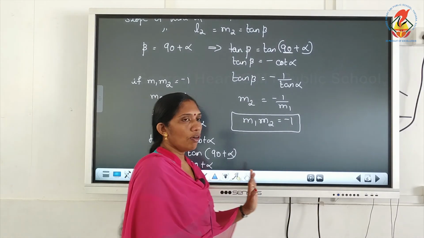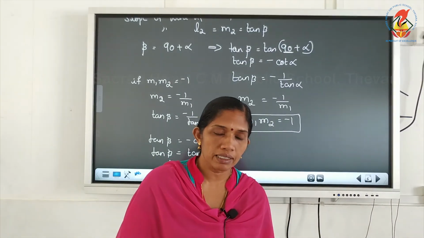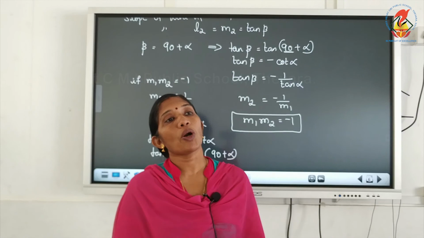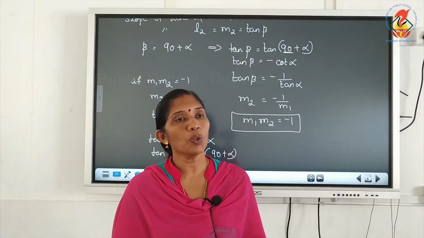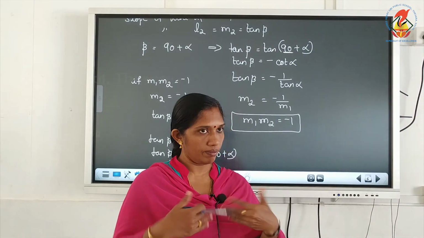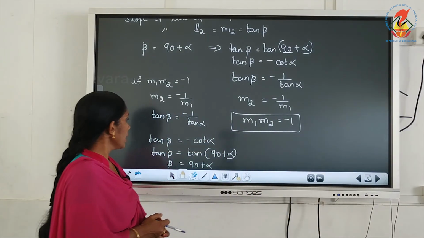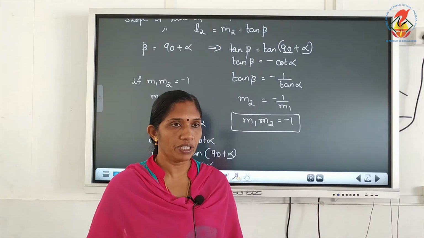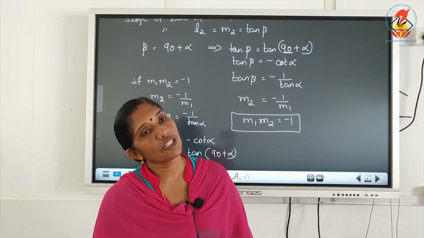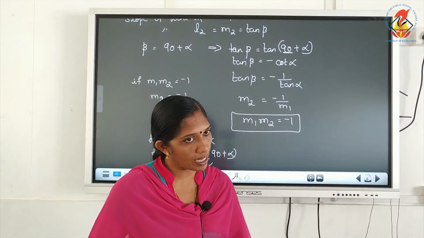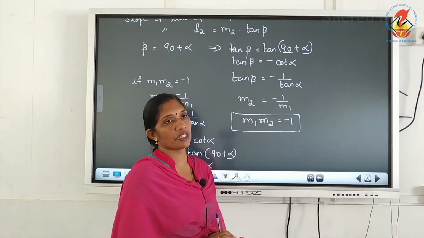Okay. So when two lines are parallel, their slopes are equal. When two lines are perpendicular, the product of their slopes is equal to minus 1. Okay. So once again we can revise. The first one is the slope of a line. Before that, angle of inclination. Angle of inclination means the angle made by a line with the positive direction of x-axis measured in anti-clockwise direction.